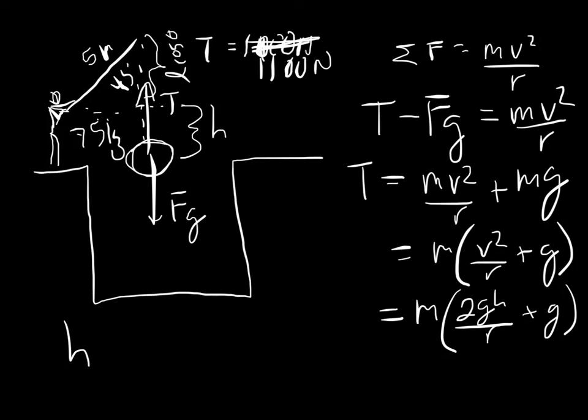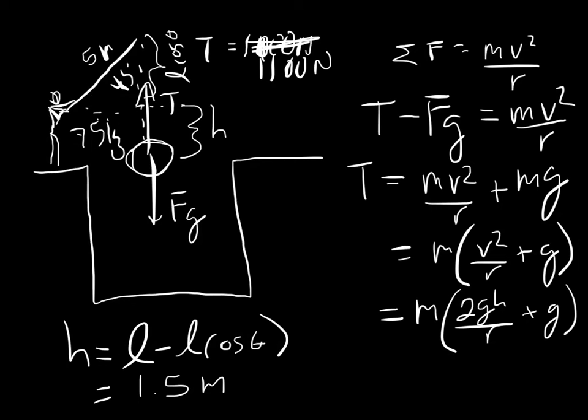So h is equal to, do you remember this, L minus L cos theta? If I do that, I should get something like 1.5 meters, because cosine of 45 is about 0.7071 times 5 gives you 3.5 approximately. Subtract that from 5, you get 1.5. So I have a height of 1.5 meters.